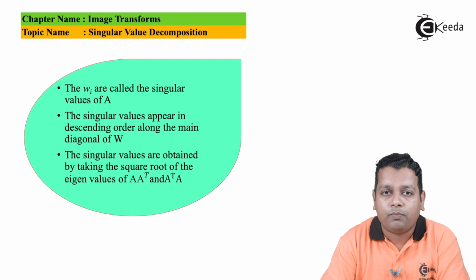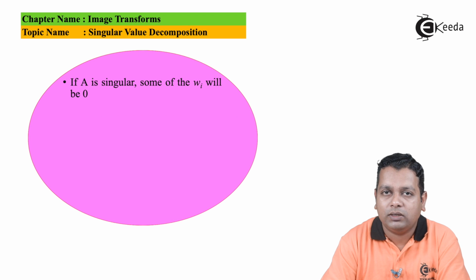So how do we obtain these singular values to represent in the central matrix W? By taking the square root of the eigenvalues of matrix A product with its transpose, and the transpose of A product with itself. Next, if A is singular, some of the W suffix i coefficients will be equal to 0.